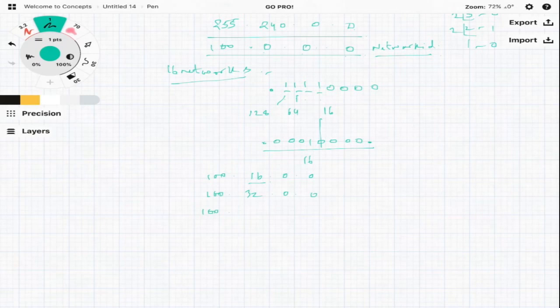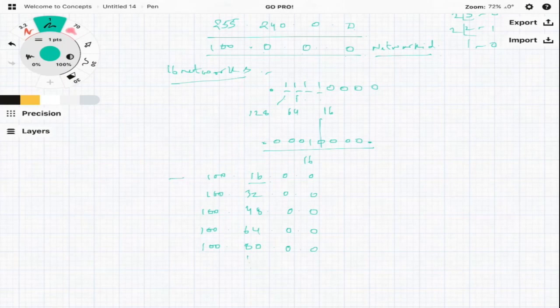The next one is 100.16 plus 16, so it is 100.48.0.0. Next is 100.64.0.0. Next is 100.16 plus 64, that is 100.80.0.0. So in this way it goes on until the last address.